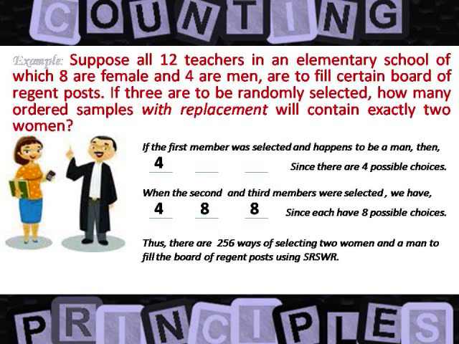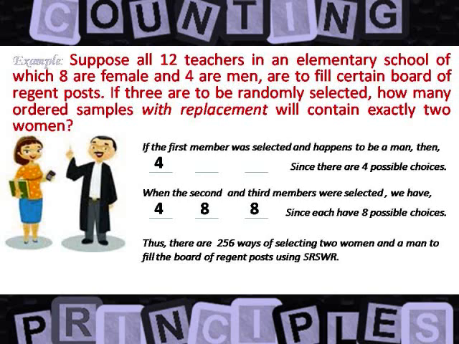Thus, there are 256 ways of selecting 2 women and a man to fill the board of regent posts under simple random sampling with replacement. Also, you can notice that if we happen to select a woman first, we'll write down 8 on the first bar.